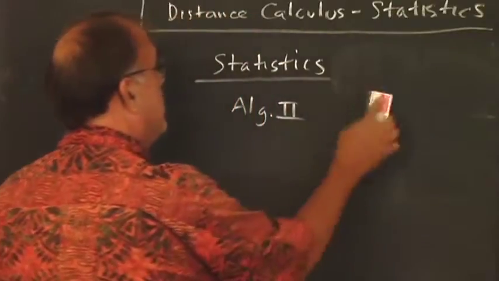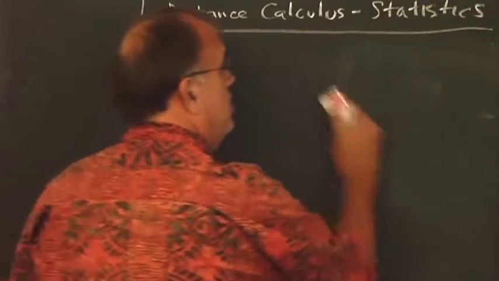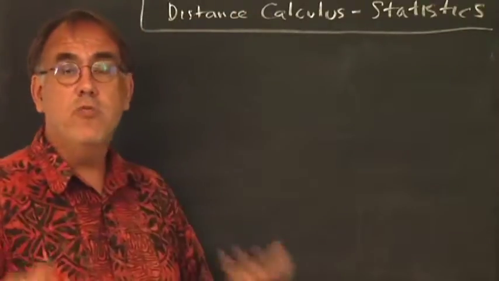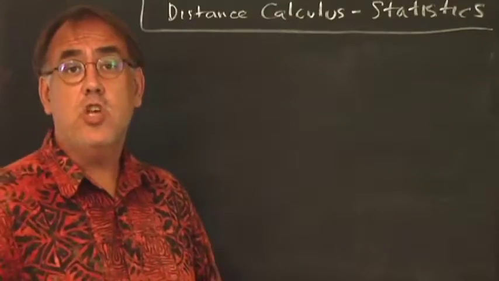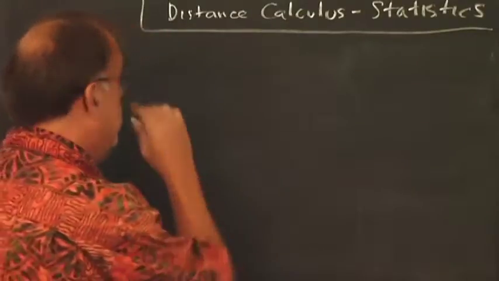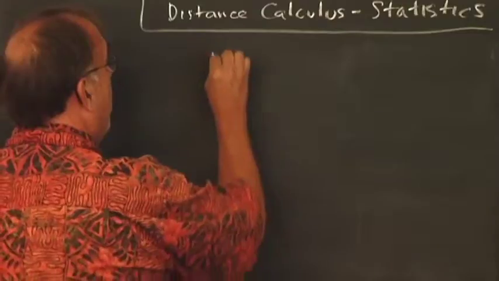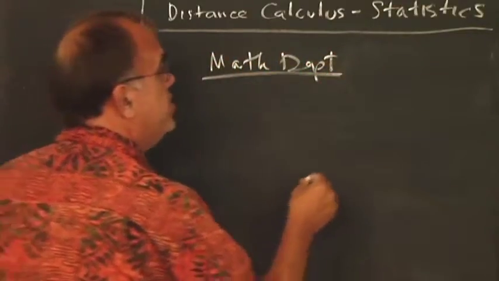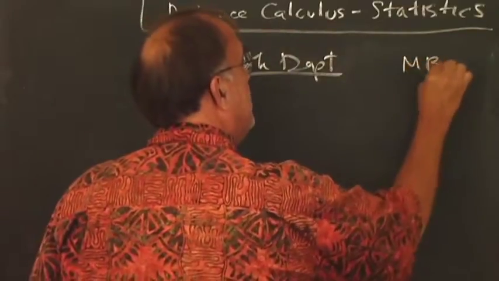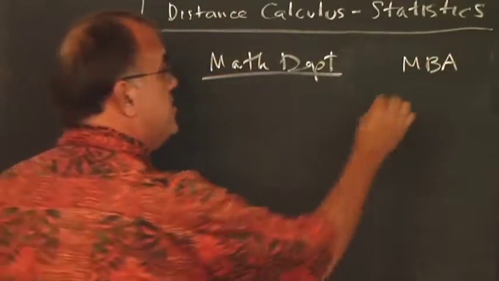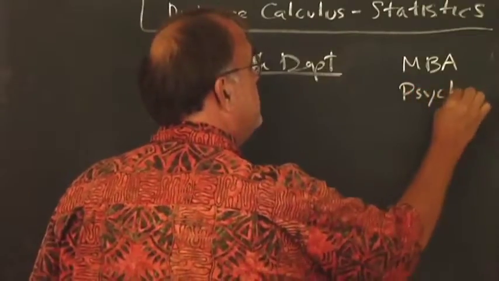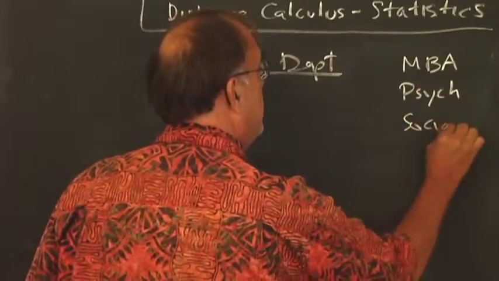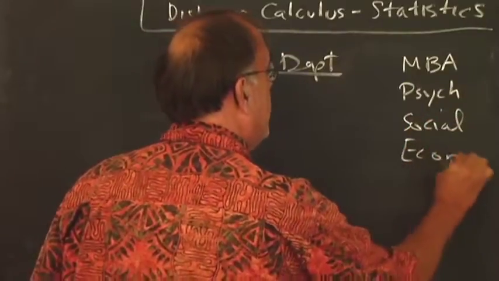There's quite a lot to talk about, it turns out. The lower statistics course, all universities have one. It's usually taught in the math department, and a lot of times the business school will teach a statistics course, the psychology department will teach a statistics course, the sociology department, sometimes the econ department.